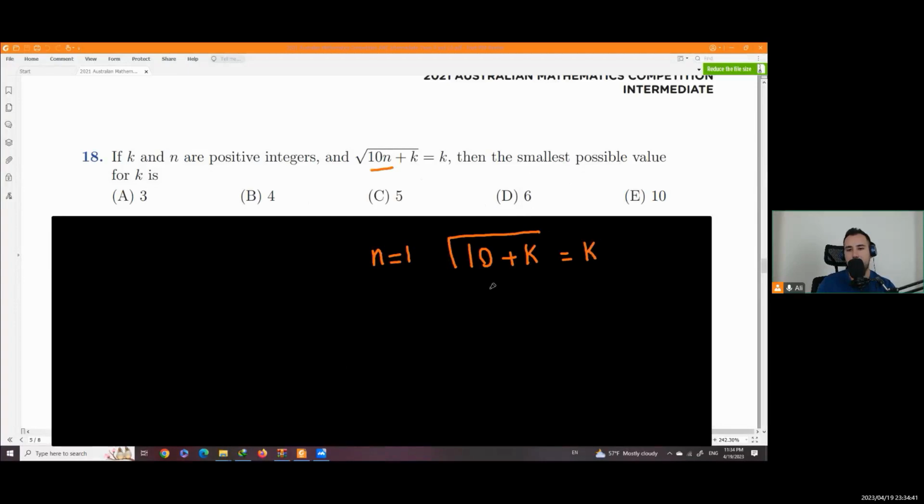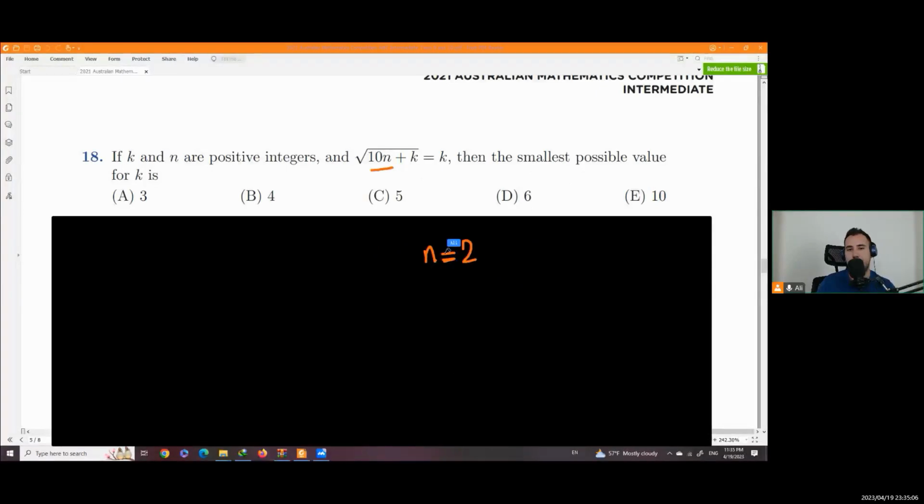Okay, so the only number that could work here, we know that it's going to be 16 as the smallest number. And if it's 16, then k has to be 6, but this would be 4. So it's not going to work. And how about n being 2?